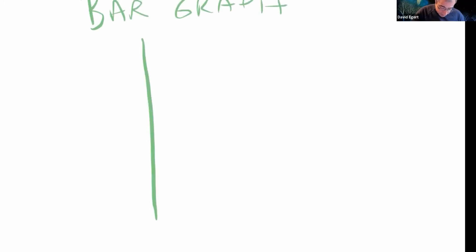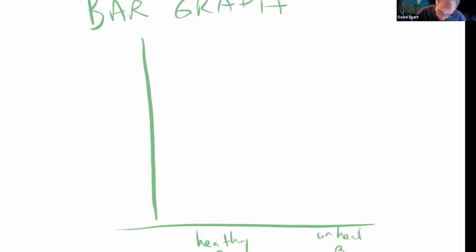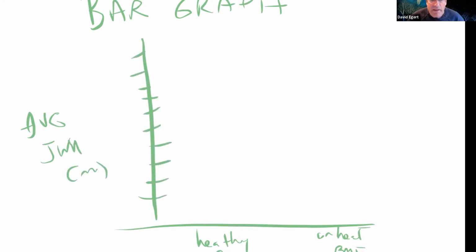So what I would basically do, I have healthy BMI, unhealthy BMI, average jump in centimeters. What I would have to do is go to my data. In fact, I'm going to just share that screen again.